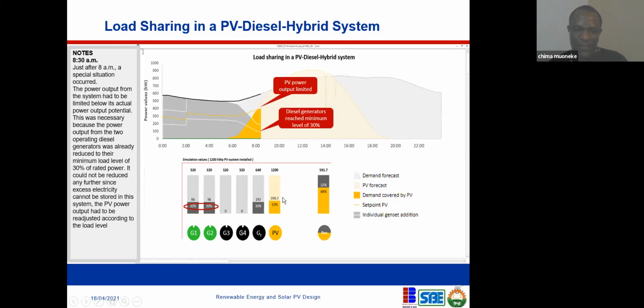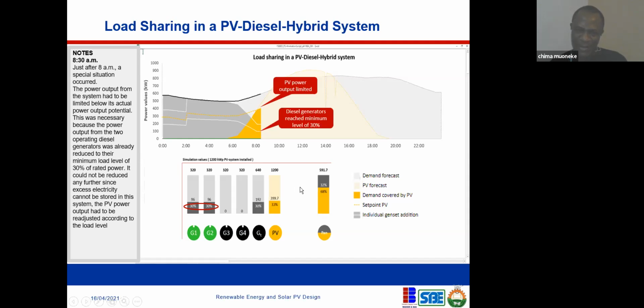Okay. So even though your solar system is now producing more power, that, when you combine with the output from this generator, will now exceed your actual demand, which is 591. So what I'm saying is, if you combine the energy output from your solar system plus 30% output from these two generators, it will exceed what you need. So at this point, your output from your solar system has to be derated.